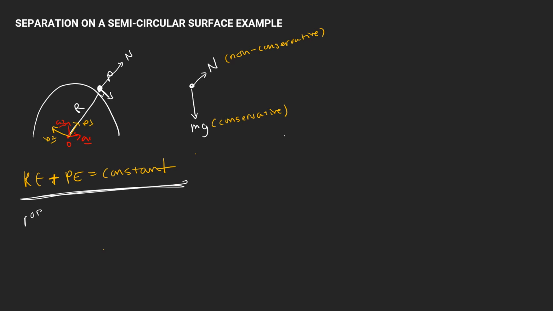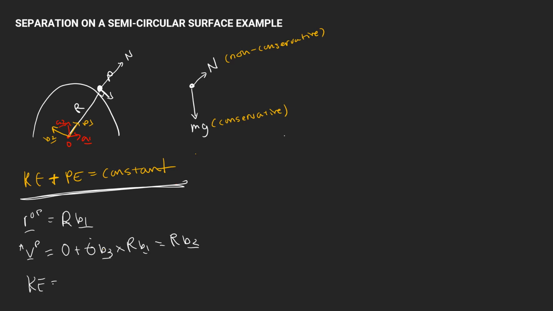Our position vector ROP is equal to rB1, and then our velocity vector is equal to the derivative of that, and using the magic formula we get 0 plus theta dot B3 crossed with rB1, so that gives us r theta dot B2. And with that, we can plug that into the equation for kinetic energy.